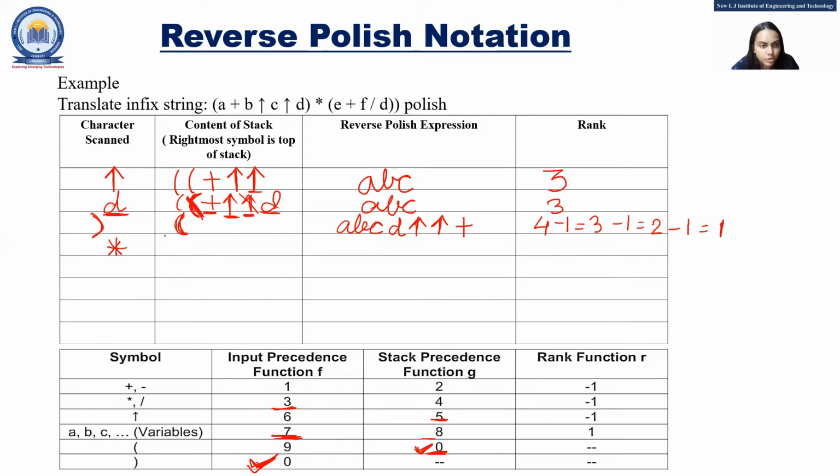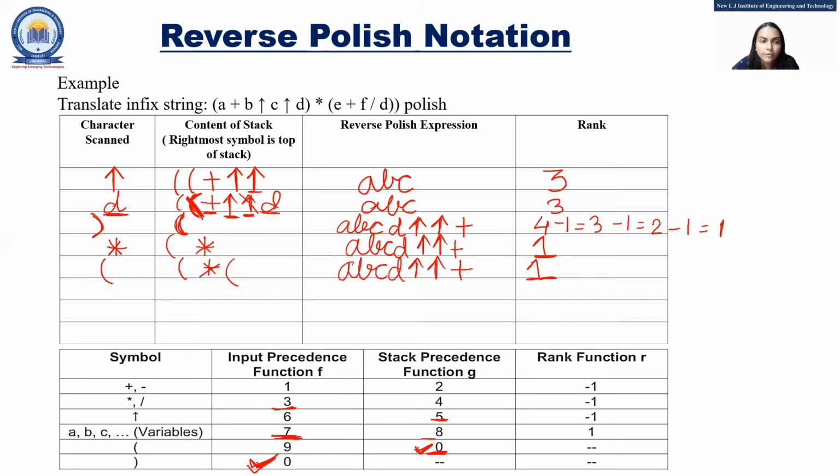No. So we will push this star. So A, B, C, D, and plus will remain 1. Now again opening braces. Between star and the incoming bracket, the bracket has precedence 9. So it is definitely greater than star. It will be pushed. This would be staying same. This would be 1. Right?